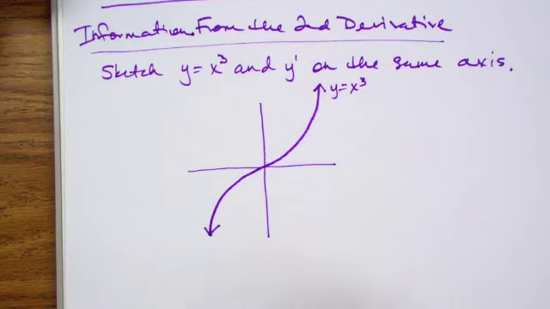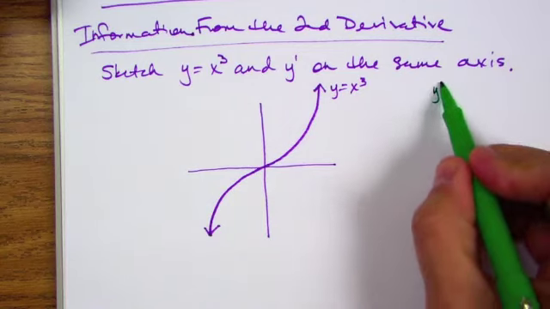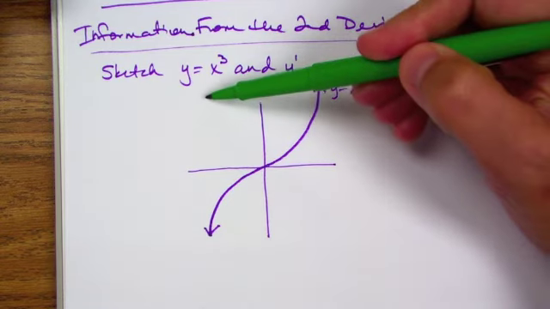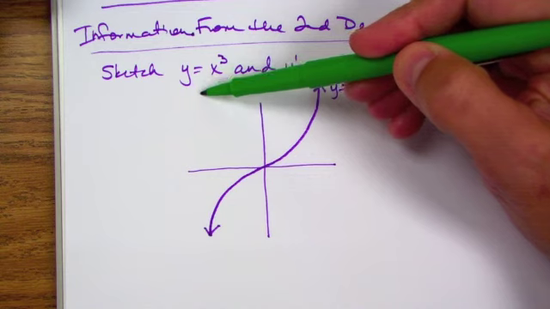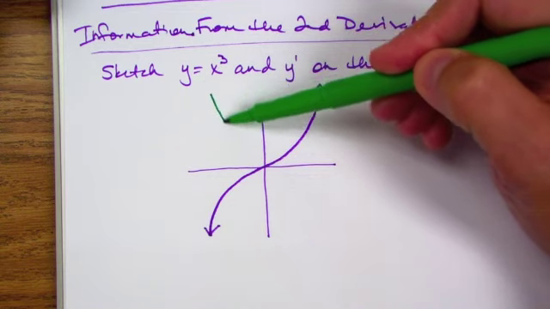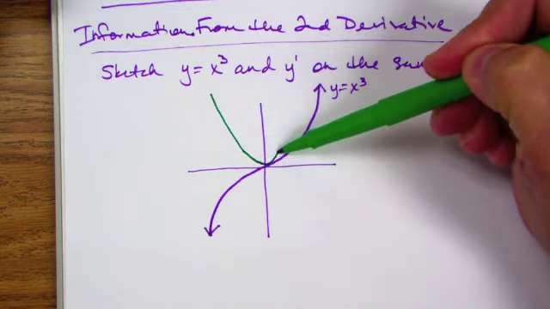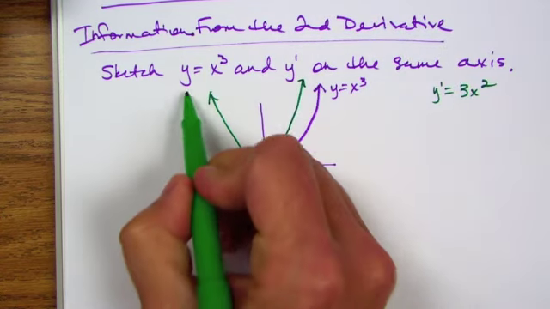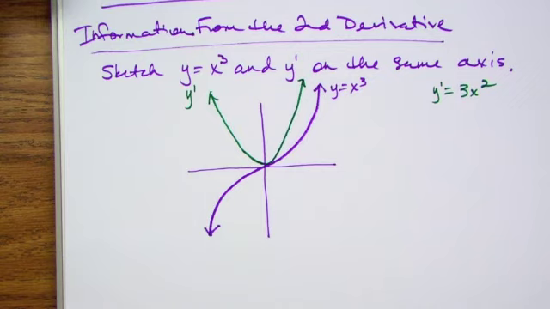And what's y prime? Yeah, y prime is 3x squared, right? So it's going to be parabolic, something like that.